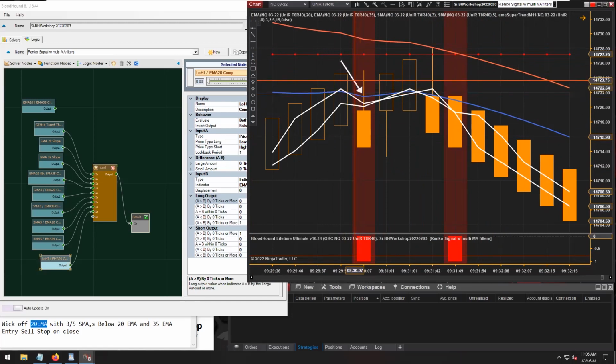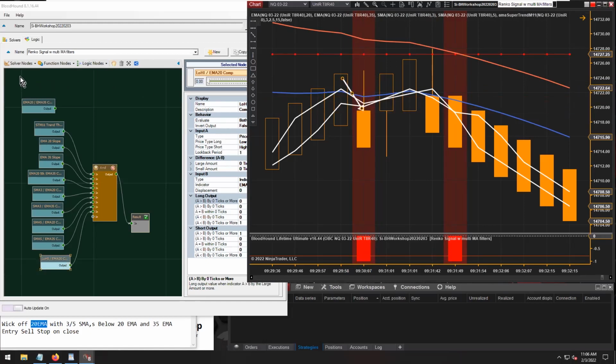this bar, for example, if you want only the wick to be touching your moving average, well, the high is above it, but the open of the bar needs to be below the EMA. Here the open of the bar equals the high of the bar, but more importantly, the open of the bar is above the EMA. So we want to make sure that the open of the bar is below it.